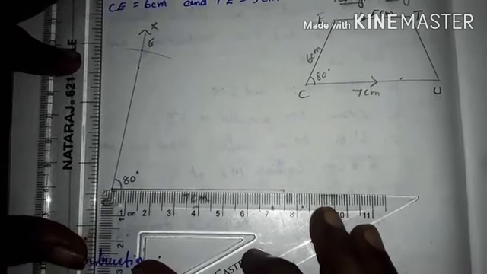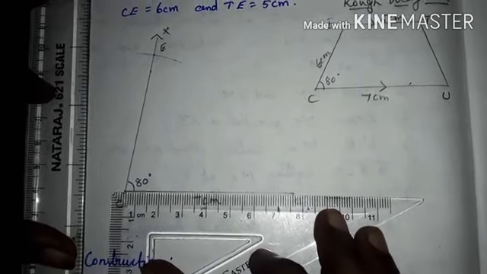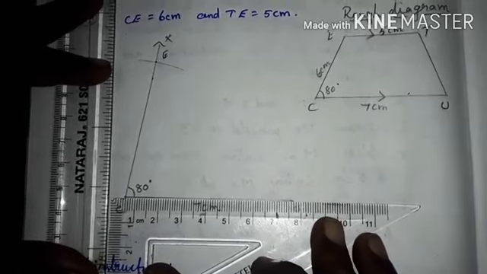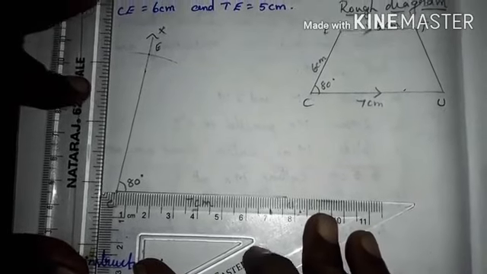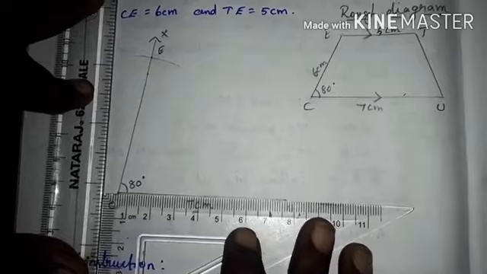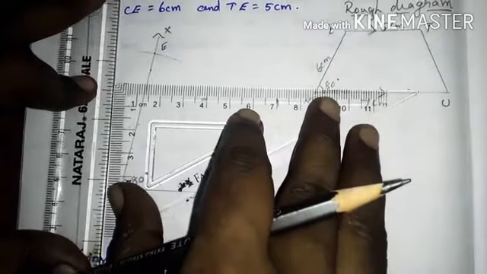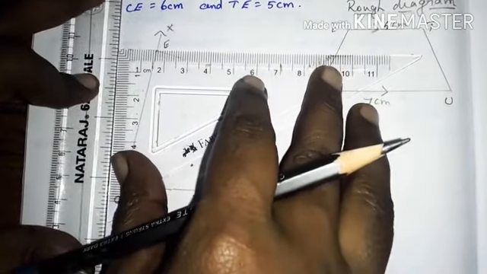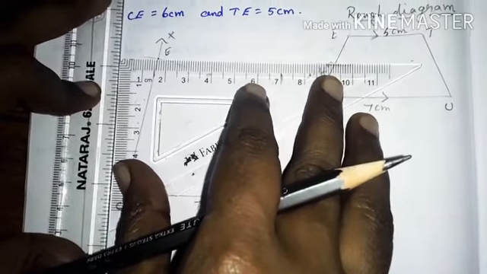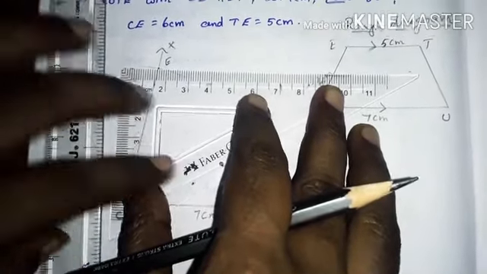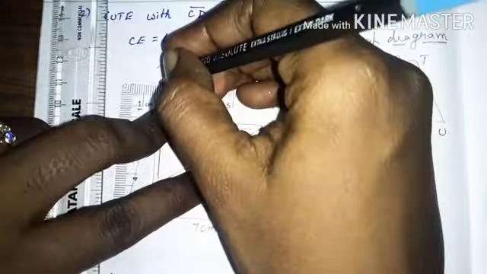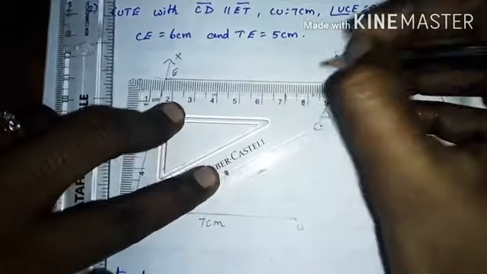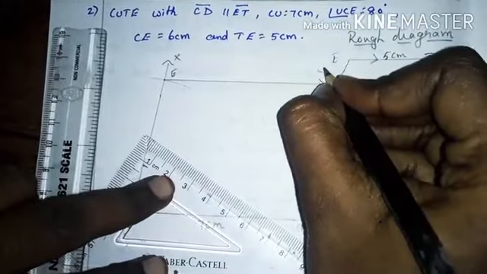For that, we are placing the set square on the base and keeping the scale on the left of the set square. Then you have to move it to E, then draw the parallel line EY.